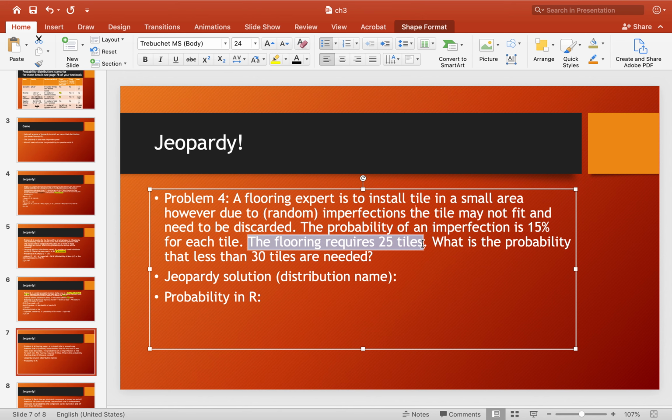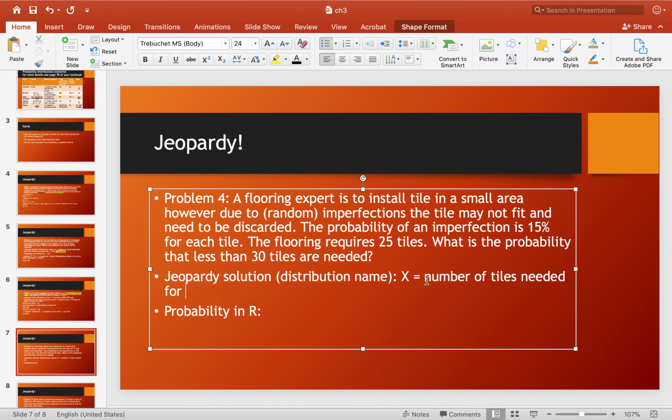So of course you're not going to quit right there. You're going to go and get more tiling until the job is done. So the question is, what's the probability that less than 30 tiles are needed? That's what's random. So here, X, what's random, is the number of tiles needed for 25 successes.